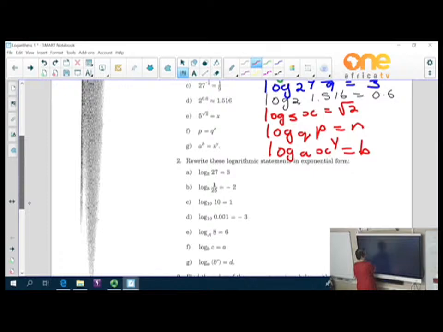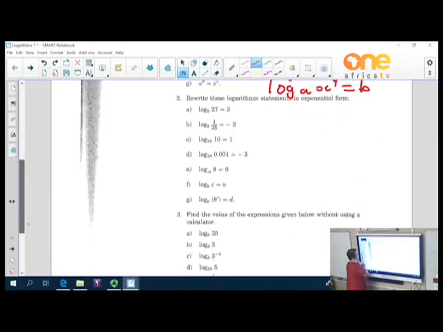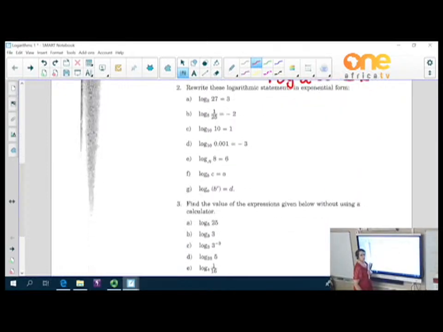When we move now to exercise 2, we're changing now logs to indices. So this is now the other way around, logs to indices. So this one will be 3 to the power of 3, which is equal to 27. This one, 5, that's the base, to the power of negative 2 is 1 over 25.